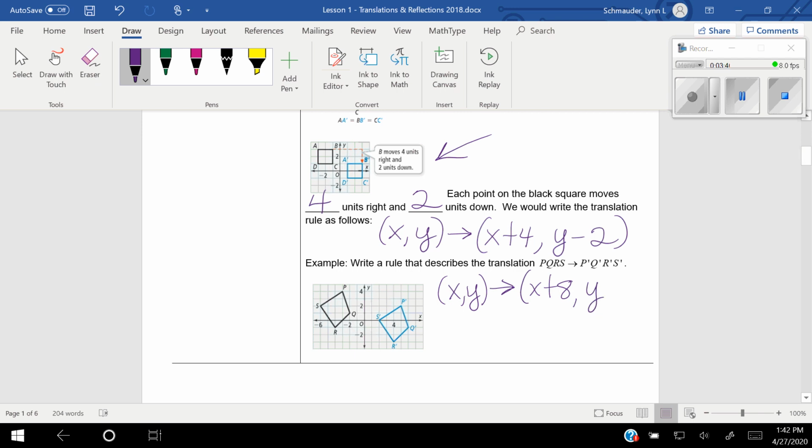And we also move down. R is at -1 in the y direction, and it goes down to -3. So that means we have to subtract 2. So there is our transformation rule when we're talking about a translation.